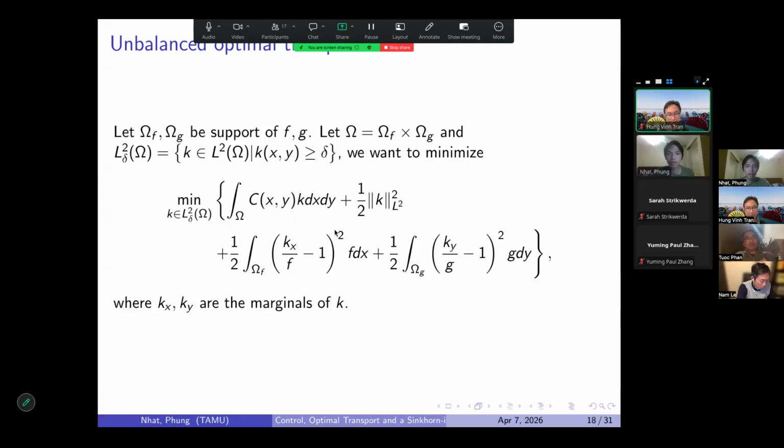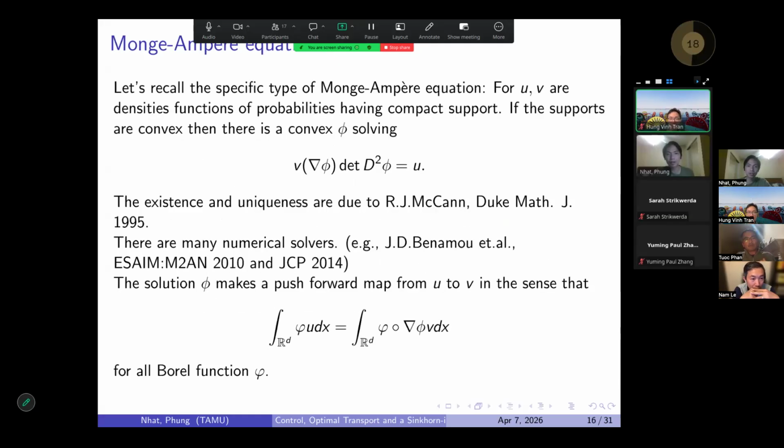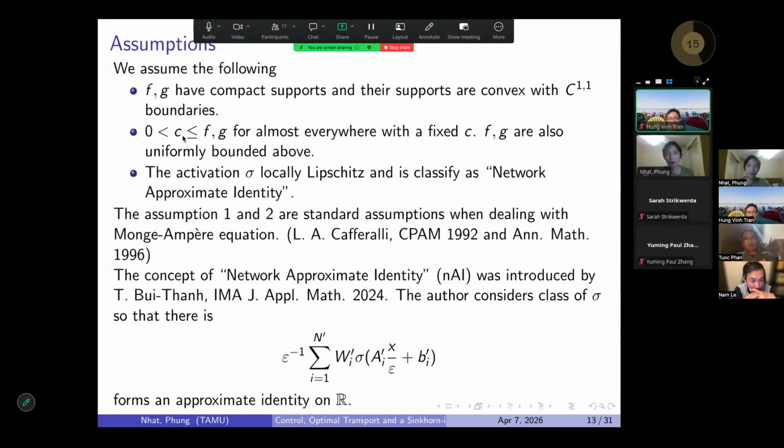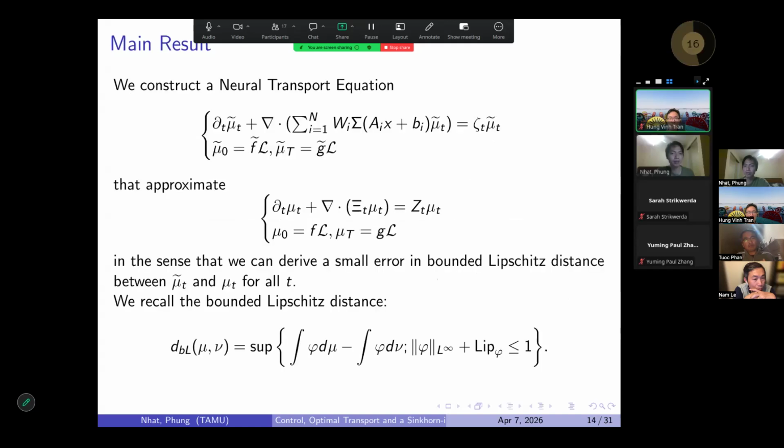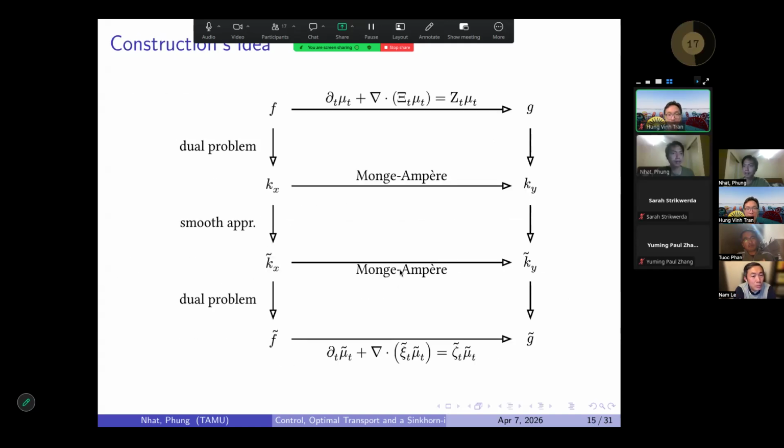Based on this problem, this is the minimization problem. One thing we also ensure is that we have a lower bound for the transport density here. So this is the transport density, and we want to ensure that it has a lower bound. The idea is very similar to why we need a lower bound for F and G. It has to avoid the point zero to ensure some regularity when we construct the Monge-Ampere.